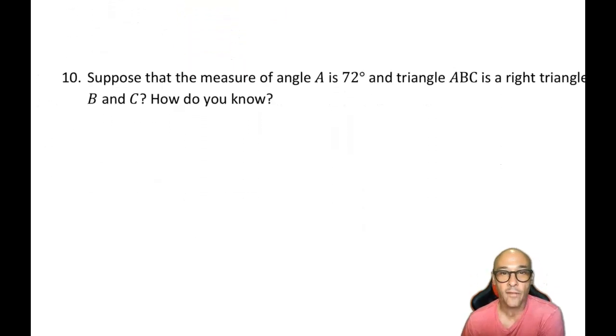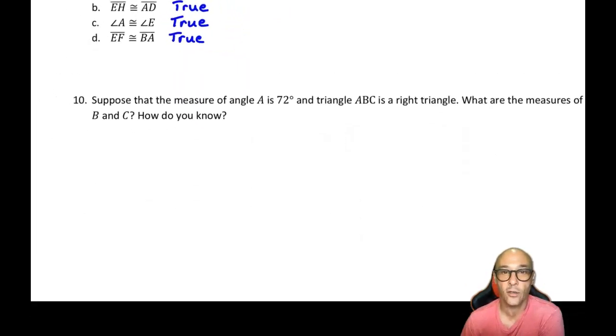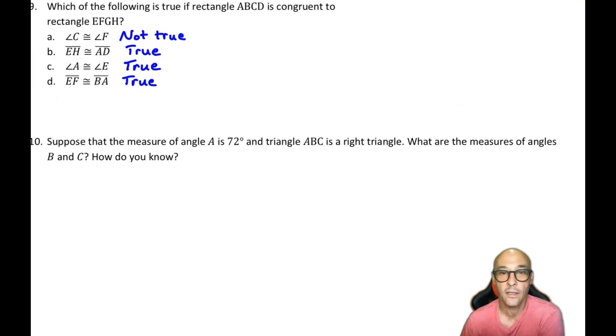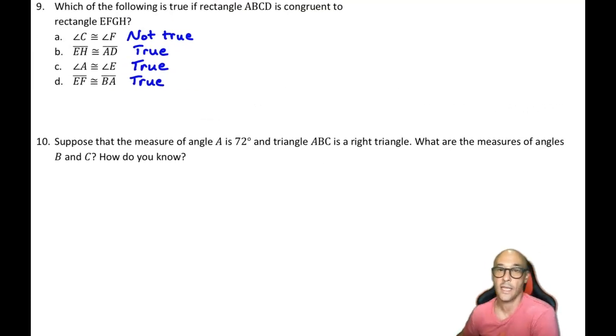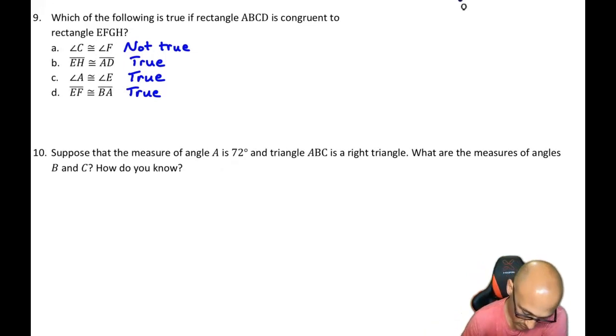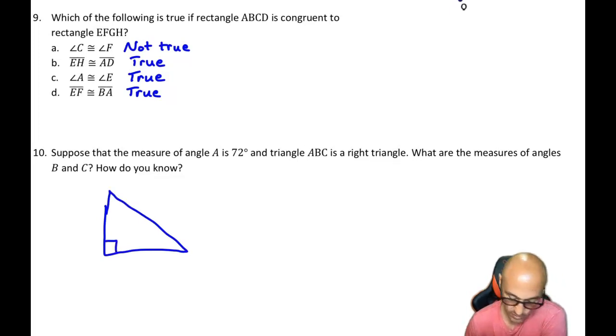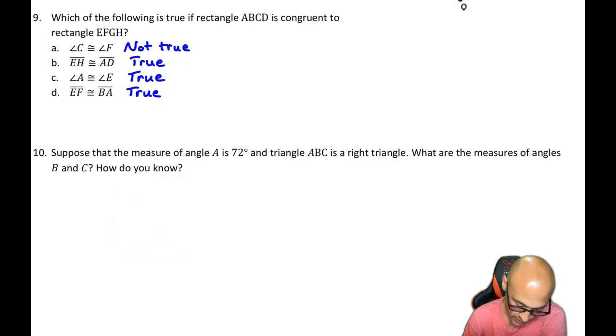Suppose that the measure of angle A is 72 degrees and triangle ABC is a right triangle. So we have a right triangle ABC, and A is a 72 degree angle. It's quite a bit bigger than the other one, so it needs to be like this.